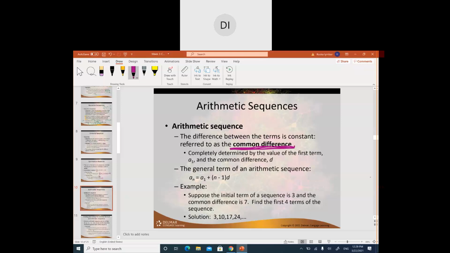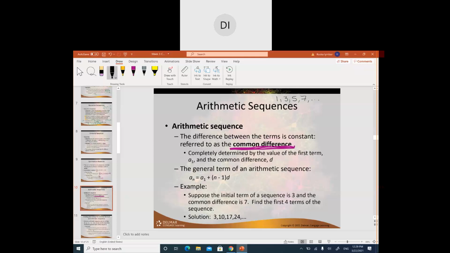Let me give you an example. An example of arithmetic sequence could be 1, 3, 5, 7, and so on, right? What I'm adding from number to number, I'm adding 2, right? Plus 2, plus 2, plus 2, plus 2, yes? You can add something, you can subtract something. So this is arithmetic sequence.